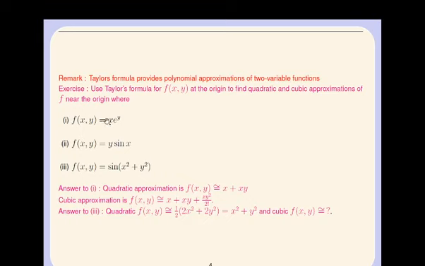So without explicitly calculating the terms involved in the Taylor formula, we can directly write down the Maclaurin series of x into e to the power y. So just formally multiply the Maclaurin series of x and Maclaurin series of e to the power y, considering them as functions of a single variable. So you will get this as the quadratic approximation and this as the cubic approximation.